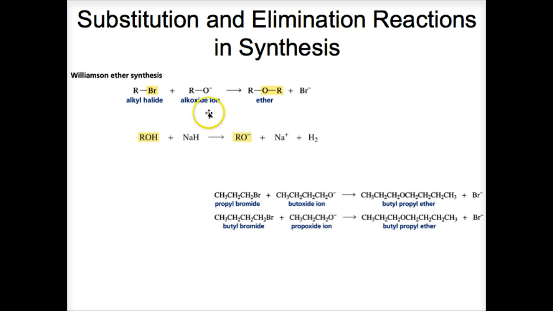Here's the alkyl halide and the alkoxide ion forming the ether. The alkoxide ion, illustrated as R with an oxygen negative, is prepared by using sodium metal or sodium hydride to remove a proton from an alcohol, as you can see illustrated on the slide.